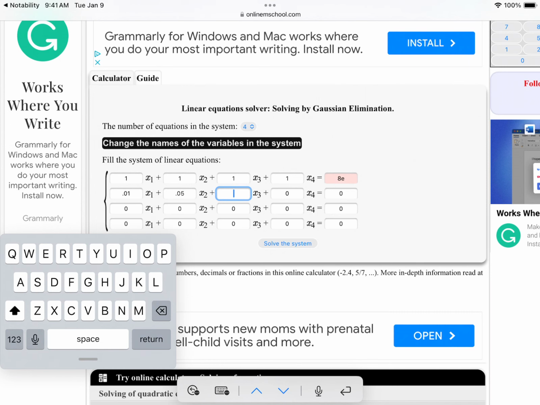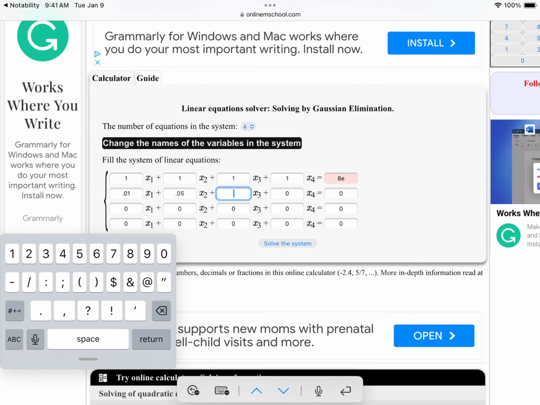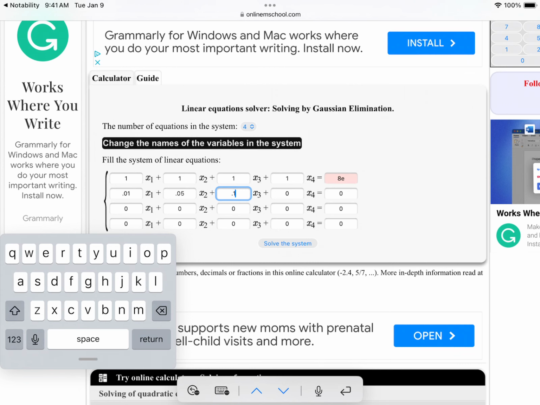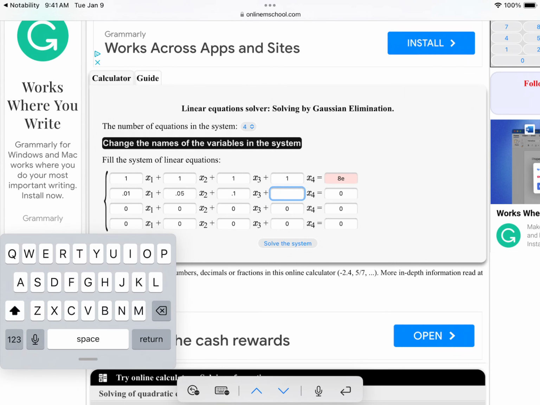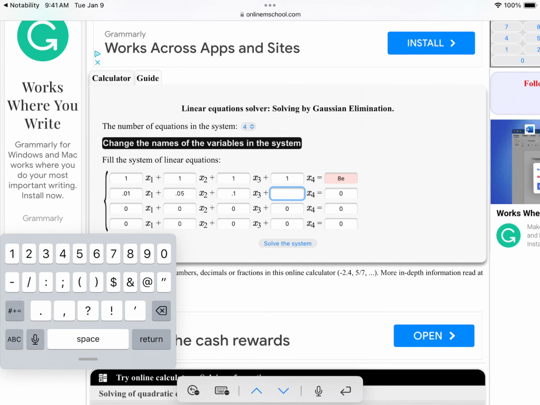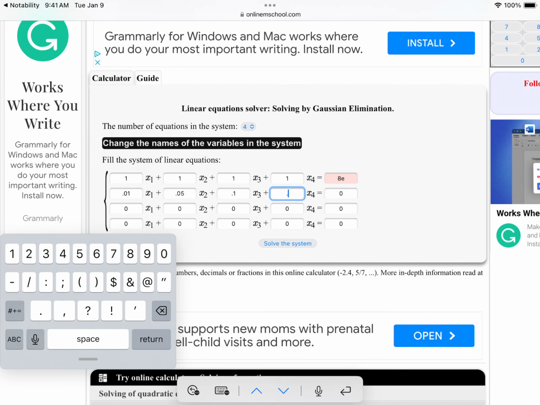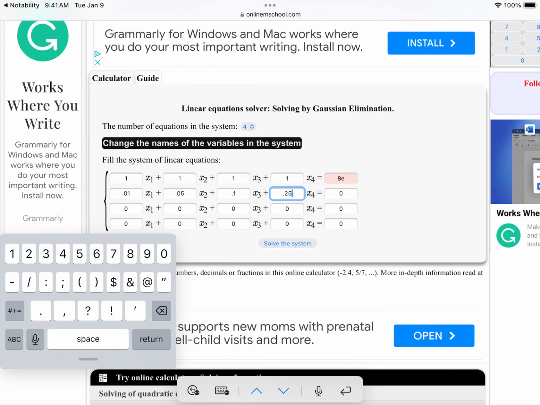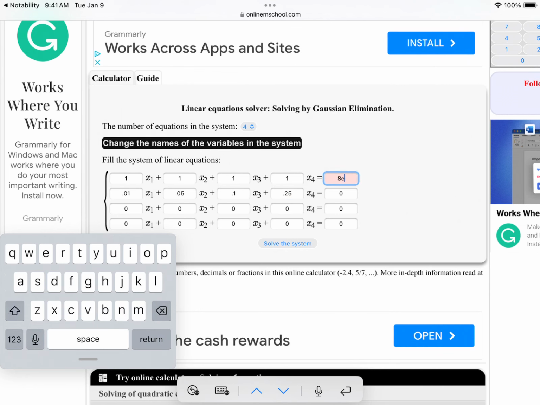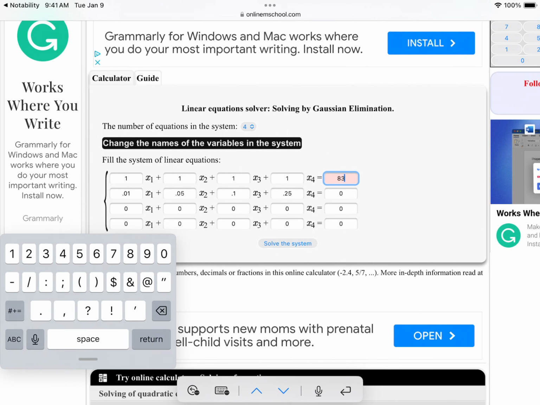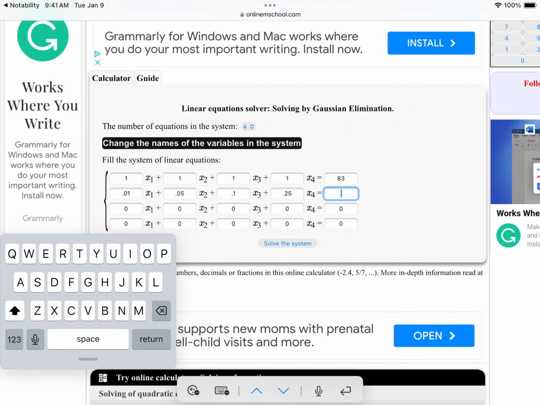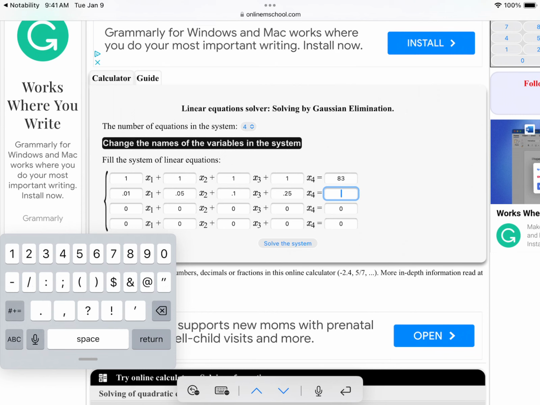This is supposed to be a 0.10, which I can enter as 0.1. This is supposed to be a 0.25. Let's see what it does here. 0.25. Okay, and then, why is that an 8e? That was supposed to be an 83. What in the world goes on with this? Anyway, and then down here, this is supposed to be a 9.07.